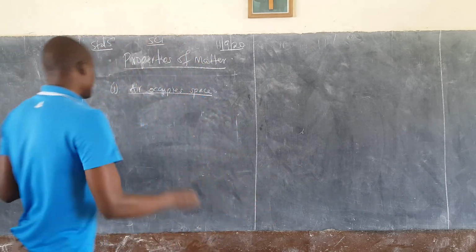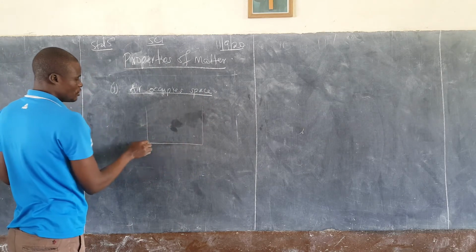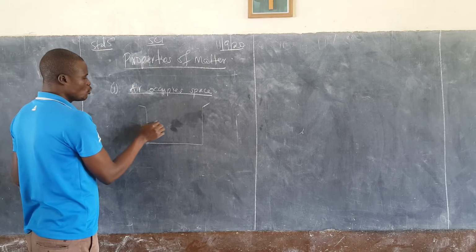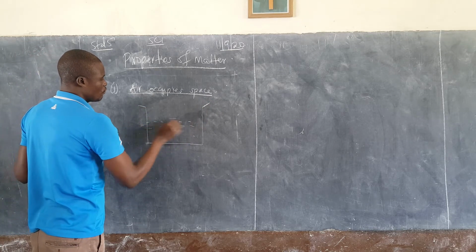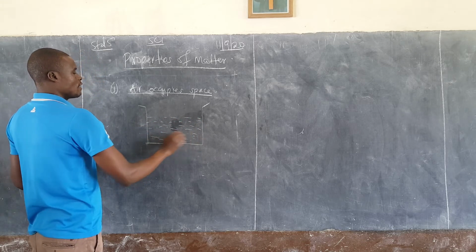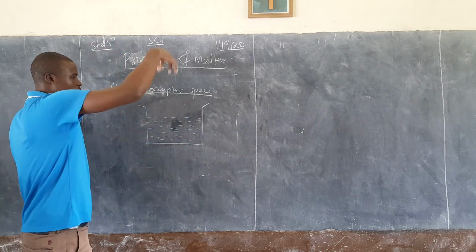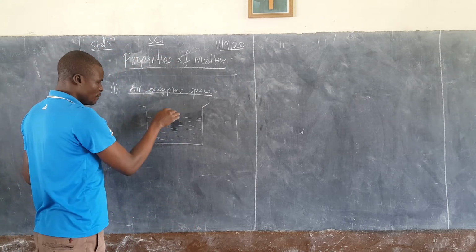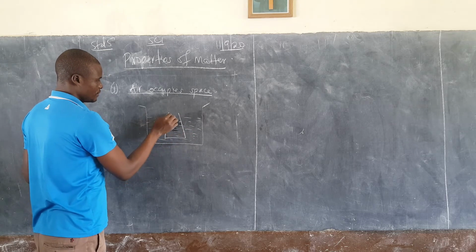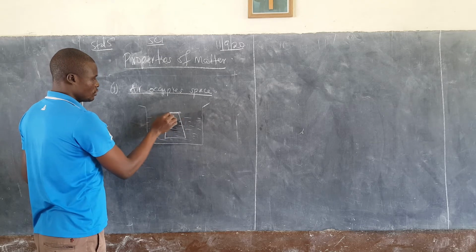A very good example of an experiment being done in class is when you take a basin and put water in it, maybe three-quarters full like that. And after putting water, then take a glass, then take it directly in that position.